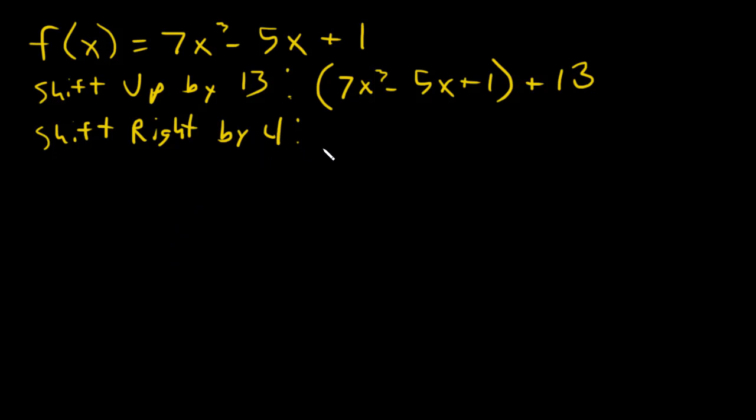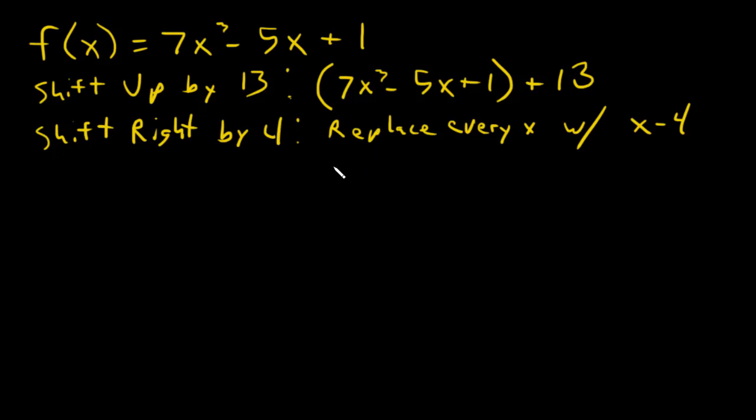If I want to shift right by 4, now since it is a horizontal transformation, it's shifting to the right, I have to take every x in my original function and replace it by what? I replace every x with, if I'm shifting right, I'm going to subtract 4.